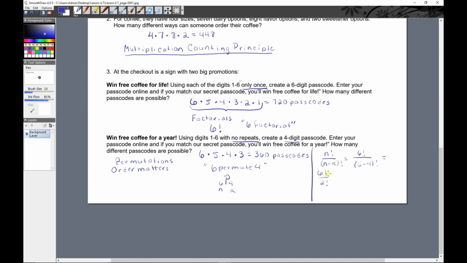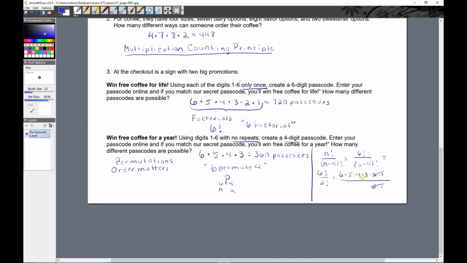We can just go ahead and get a number for the numerator, a number for the denominator, divide, and it should be 360. But I'm going to show you that it'll be exactly the same as what we wrote over here. This is going to be 6 in the numerator times 5 times 4 times 3 times 2 times 1. Got to go from n all the way down to 1. And for this, 2 factorial will be 2 times 1. I wrote it way over to the side because that cancels with that.